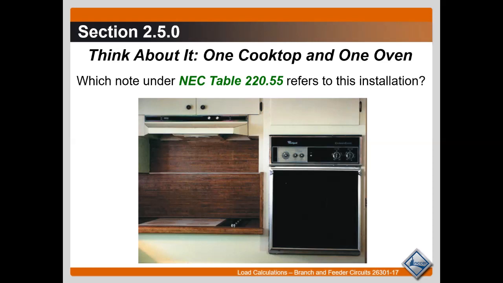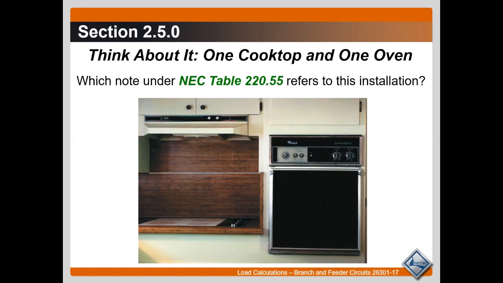So how many did I say for the cooktop? 15 amps. 15 times 120 equals 1,800 plus 5,000, 6,800 watts. So we can count that as 1. Based off that information, 6,800 or 8,000, which one's greater? That's the one I have to go with.